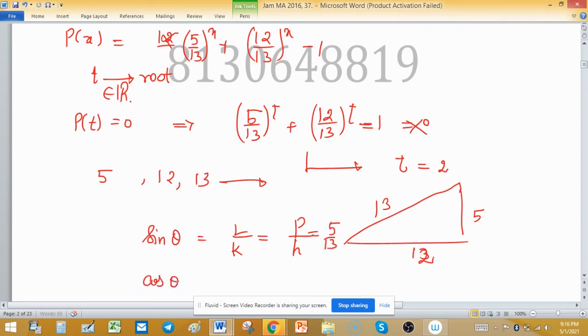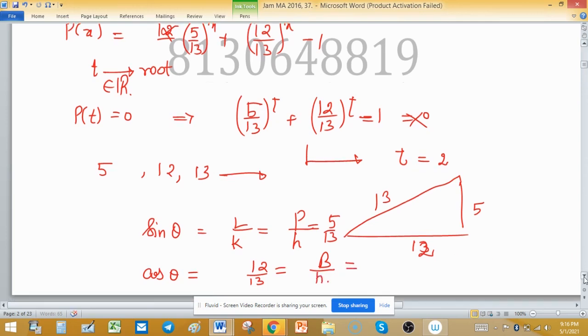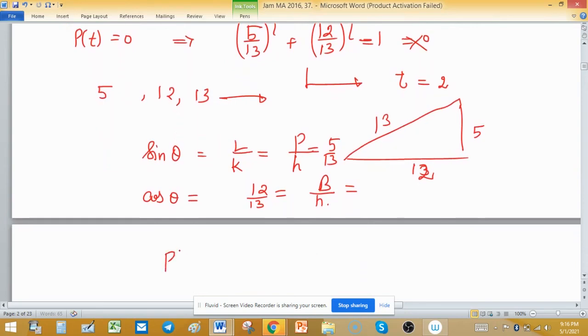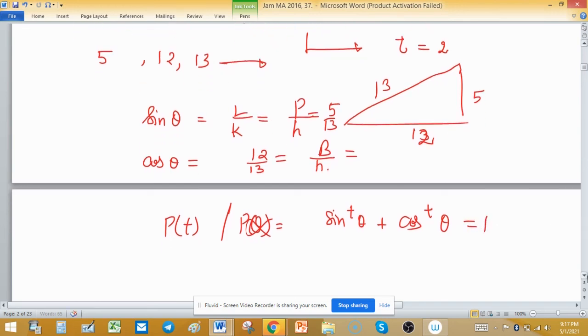Cos theta is 12/13, meaning base upon hypotenuse, B upon H. So P(t) in terms of theta can be written as sin^t theta + cos^t theta = 1.